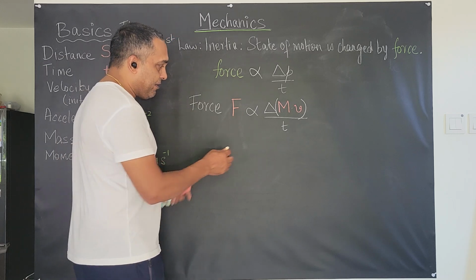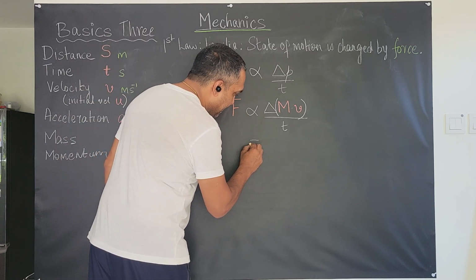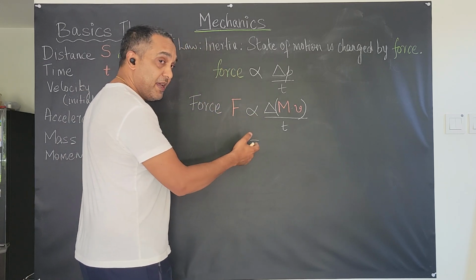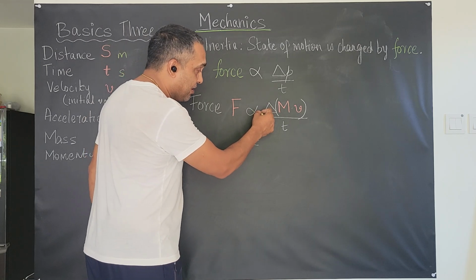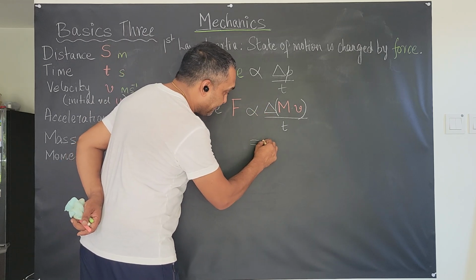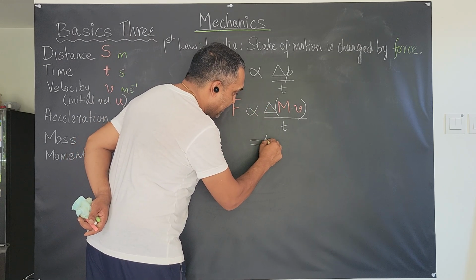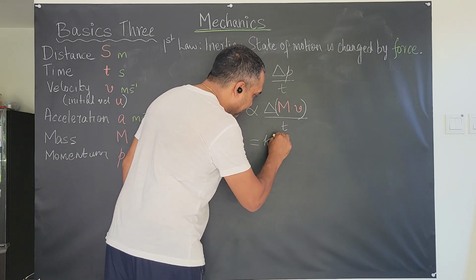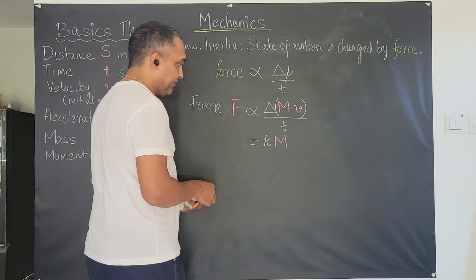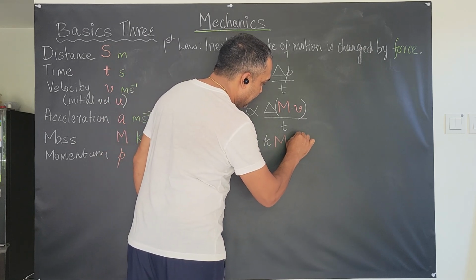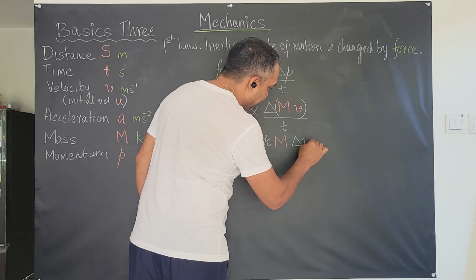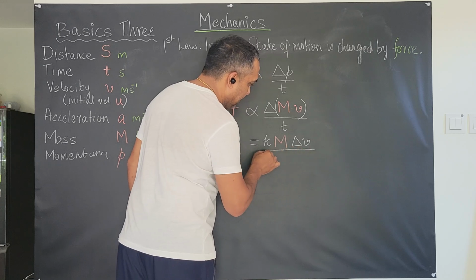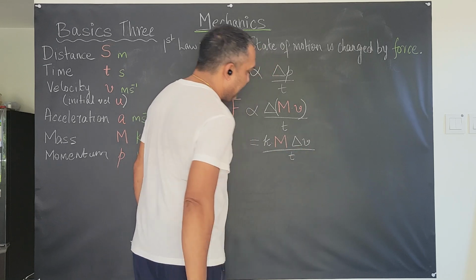So the proportionality becomes equal to, it's replaced by a constant. Normally you would have a constant k that would come in. I'll just write k here. Mass doesn't change. And you would get delta V by time.